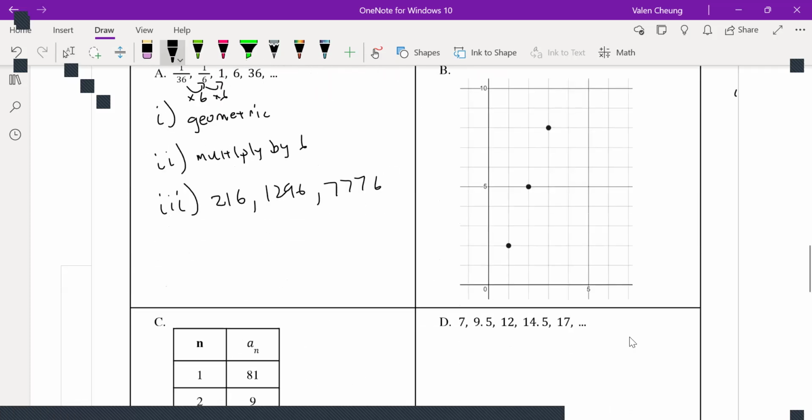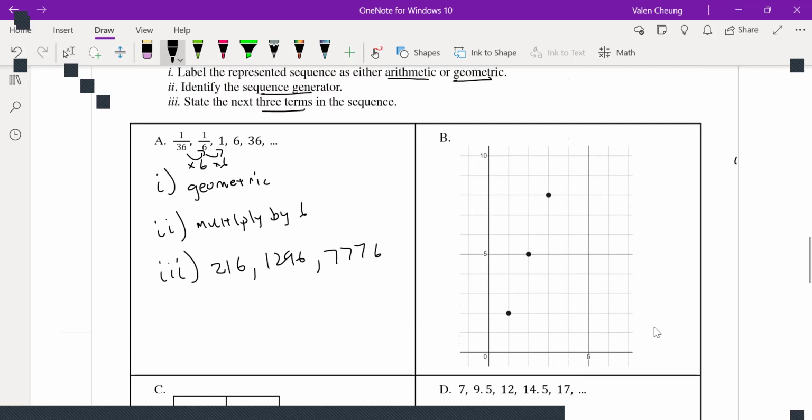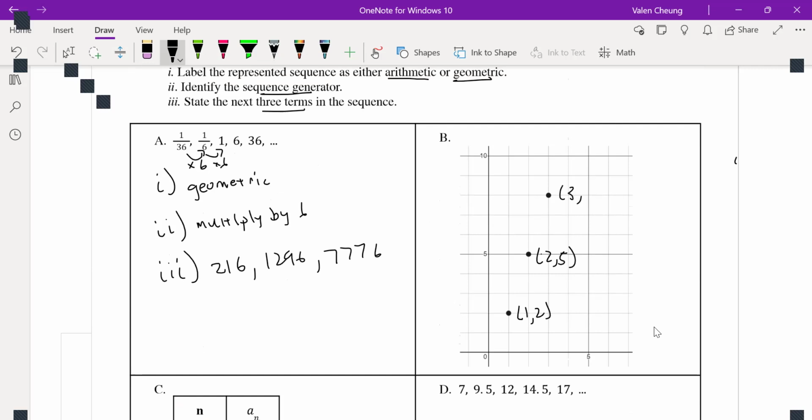On this one, part B, it's a graph, right? So this first point is (1, 2), second point (2, 5), and third point (3, 8). So you'll see that each term, from 2 to 5 to 8, you're adding 3 each time.